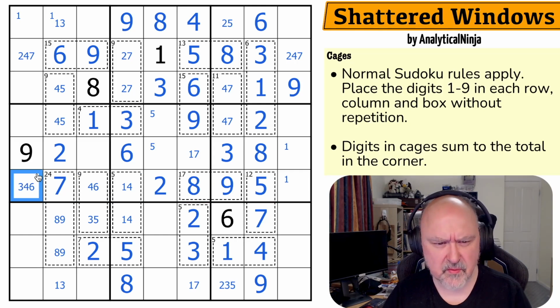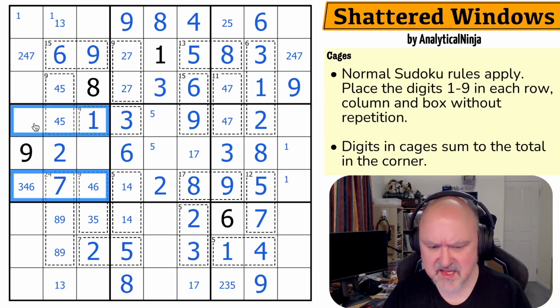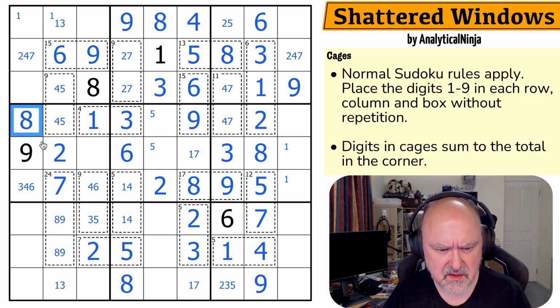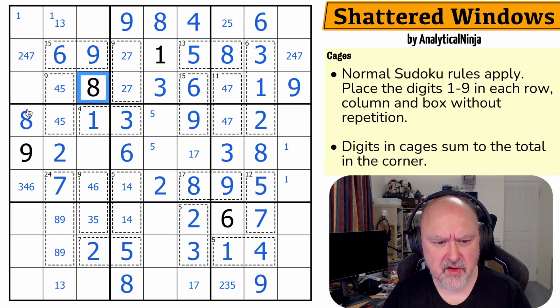So this is 3, 4, 6. So where's 8 in this box? It's there. No, not all of them. Why does it do that sometimes? That's the 8. Which up here, oh, I've already got the 8. Right, that's not a problem. So this is 3, 4, 5, 6.